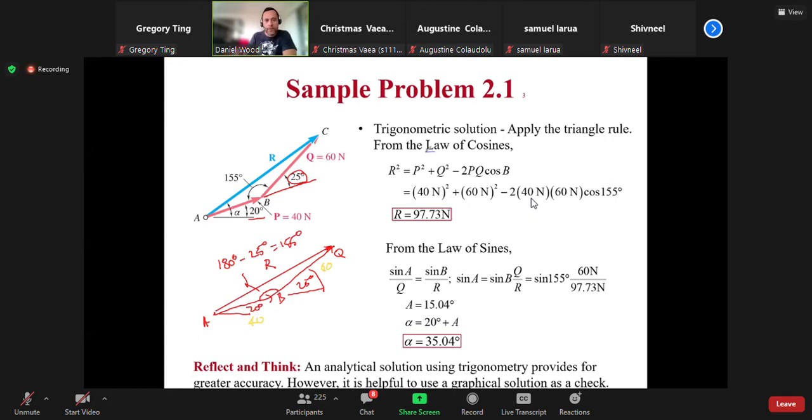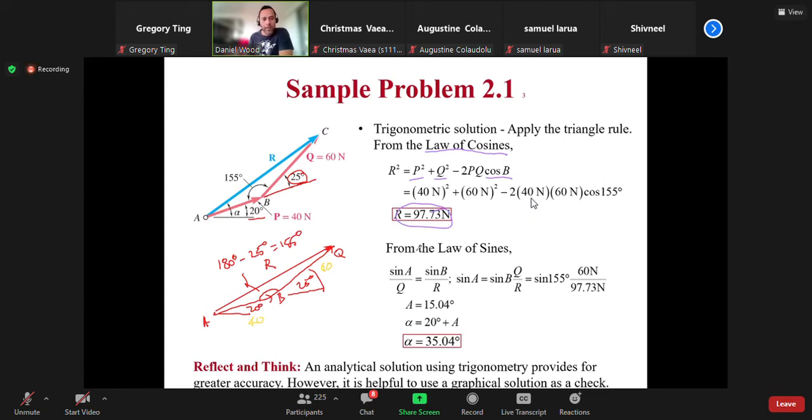I know the two adjacent sides, and I know the internal angle B, which is between those two sides. So then I can work out R squared is equal to 40 squared plus 60 squared minus 2 times 40 and 60 times the cos of 155, and I get my resultant, 97.73. Yeah?